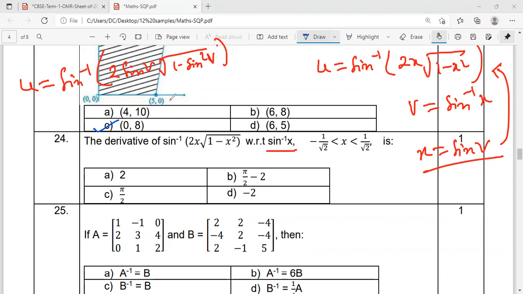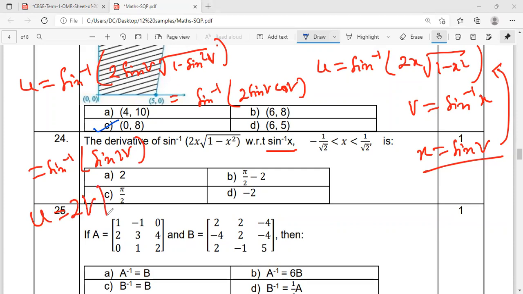So this is sine inverse 2 sine v cos v, because this will become root of cos square, which is cos. That means it is sine inverse of sine 2v. Sine inverse and sine cancel, so you get u is equal to 2v.